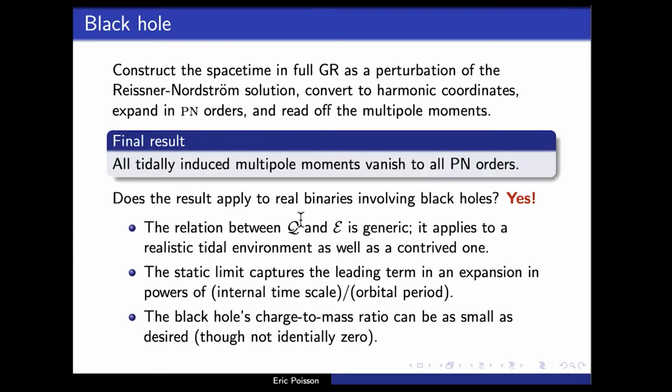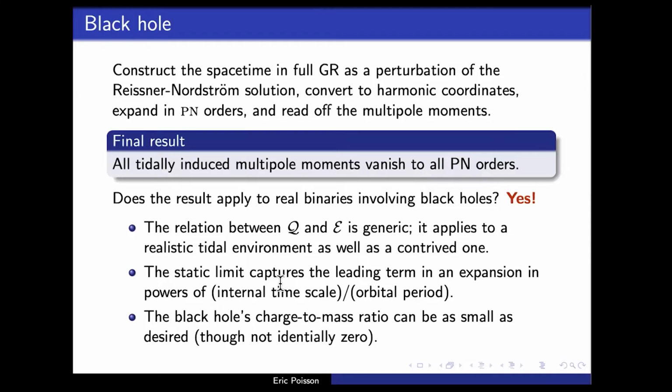So I claim that Q being 0 is not a feature of the contrived binary system. It's actually a feature of the black hole. So it will apply to any tidal environment. It's an argument, it's not a proof.